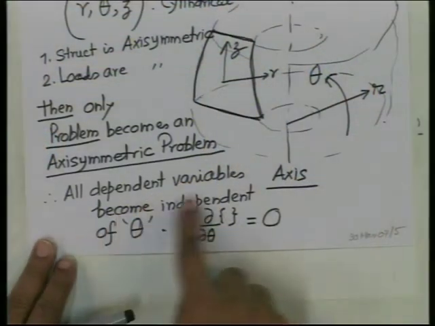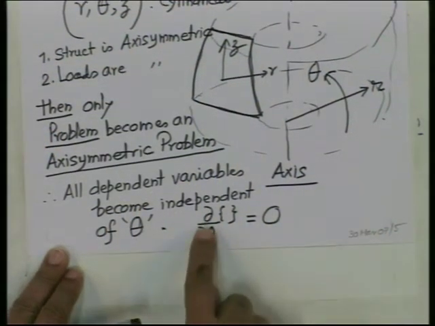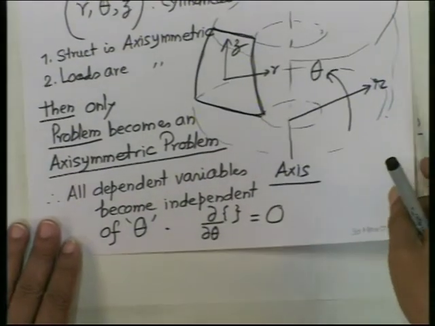So, r, theta, z is your cylindrical coordinate system. Here, all quantities become independent of theta, and the derivative of any quantity with respect to theta will be 0.